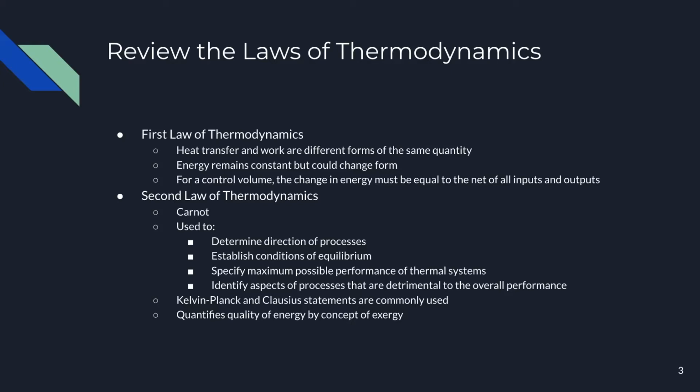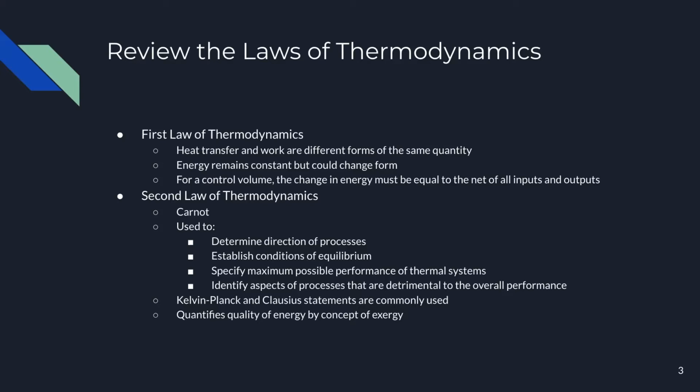And for a control volume, for example, a piston cylinder device, the change in energy has to be equal to the inputs and the outputs. The second law of thermodynamics was first brought about by Carnot, leading to the Carnot cycle.